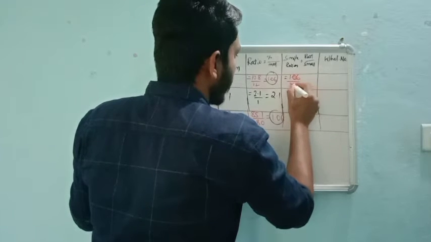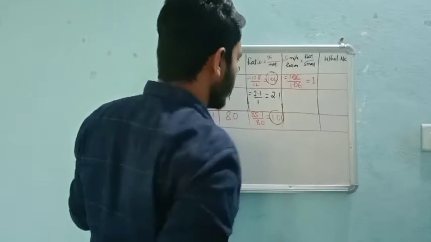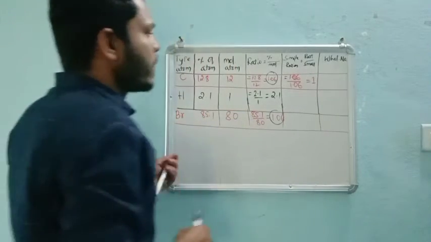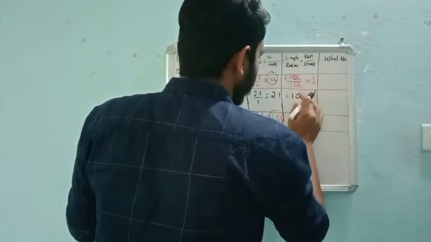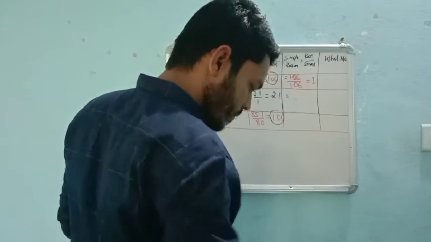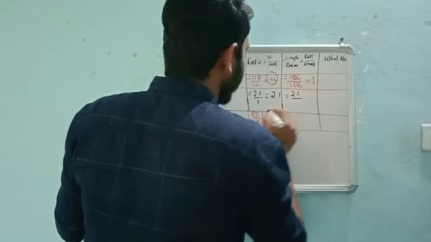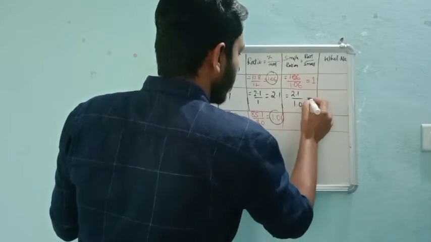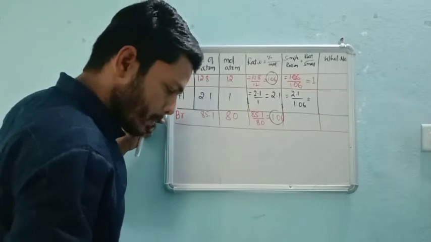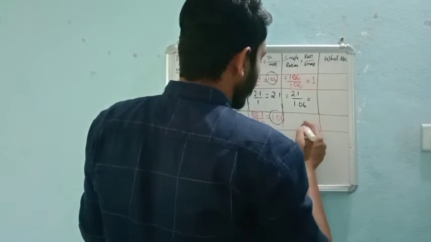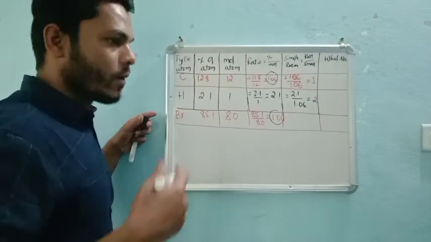So now the ratio is 1.06, and our small ratio is also the same, so that's why it is directly 1. And now for this 2.1 divided by 1.06, nearly it will come to more than 1.5.